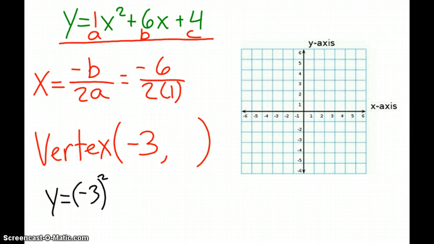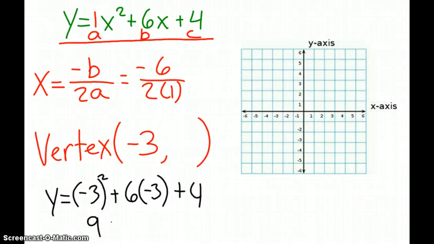And we have to remember, when we're using our calculator, we're going to have to plug that negative 3 in parentheses, or else we're going to have an order of operations issue. So I just plug in negative 3 in place of x to figure out what y would be. Negative 3 squared is 9. 6 times negative 3 is negative 18. 9 minus 18 is negative 9. Plus 4 is negative 5.